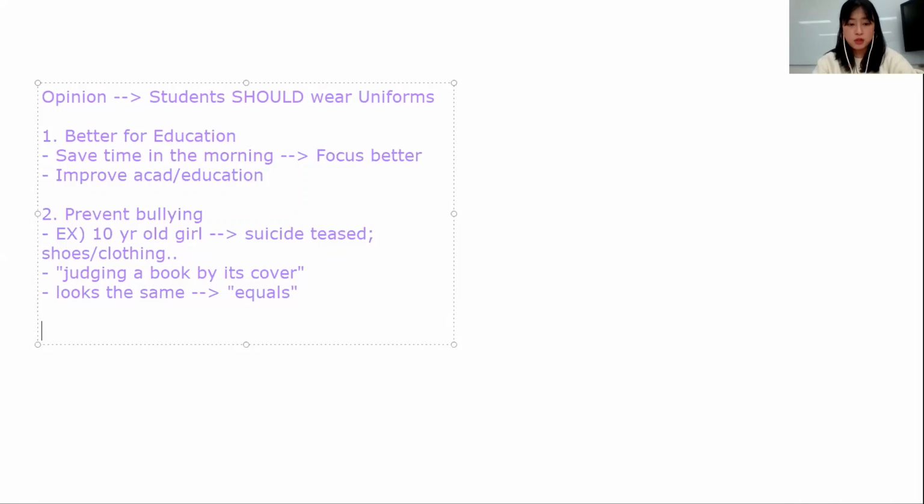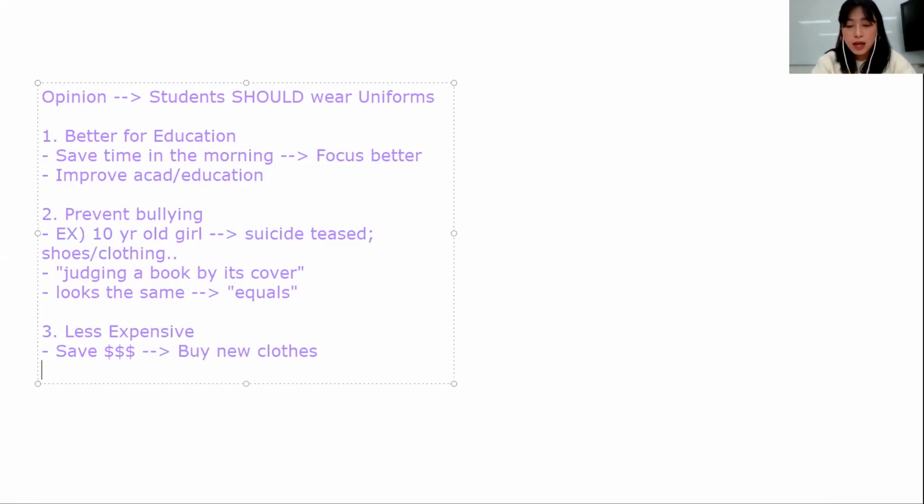And then the third thing she mentioned was that it is going to be less expensive. Okay, so if everyone wears the same clothes to school every single day of the school year, then people are going to end up saving money because you don't need to constantly buy new clothes, okay? And you don't need to constantly try to keep up with the fashion trends, okay?